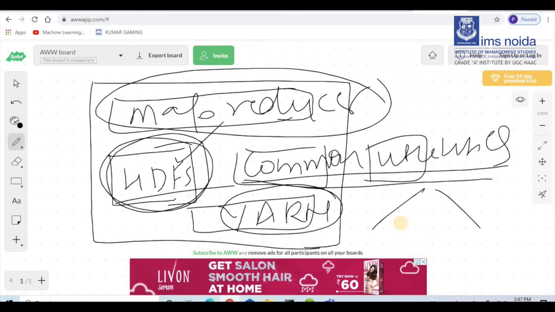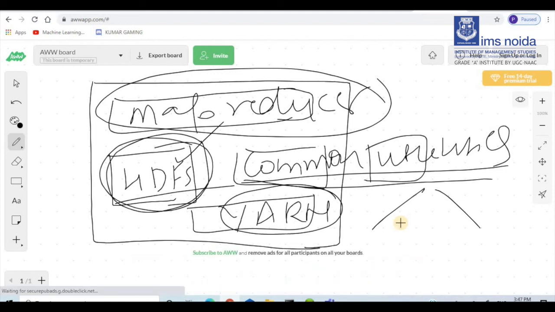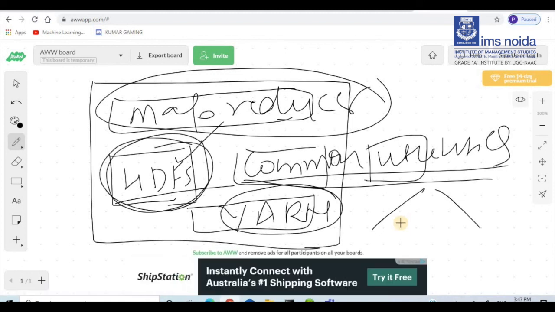In this case, HDFS works as a local administrator. HDFS acts as a supervisor deciding where we should keep the block, on which resources, and everything is done by HDFS. That work starts with HDFS, and then YARN manages the resources.